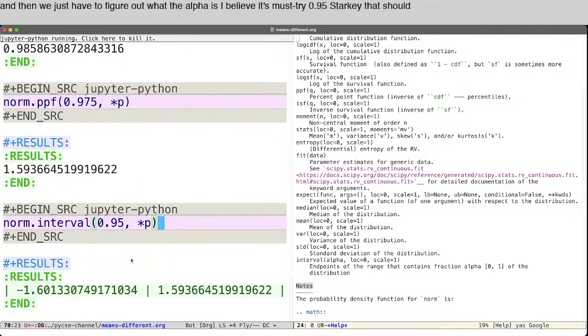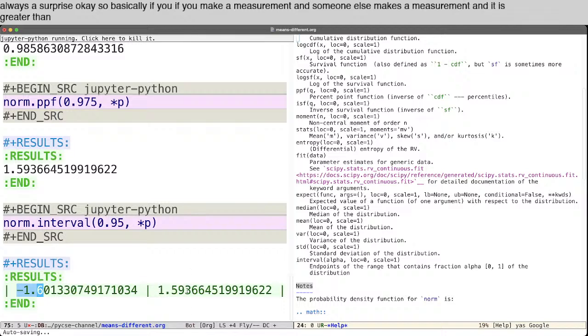That should give us the plus or minus 1.59, minus 1.6. That's interesting that it's not symmetric. I thought it probably ought to have been. Always a surprise.